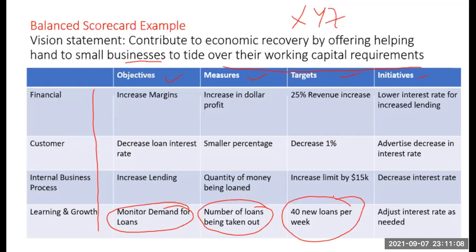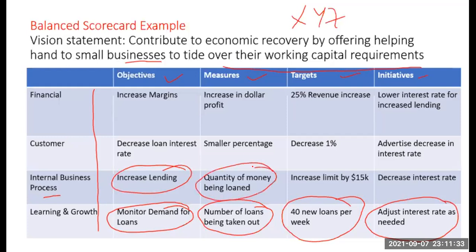And to meet that target, how do we achieve it? We adjust the interest rate as needed. The next is internal business process. What should the objective be? The business process should be redefined to increase lending. How do we measure the increase in lending?